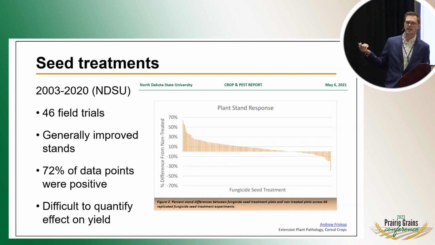Sometimes we did see some negative impacts, and presumably those are in super dry conditions or unfavorable environments. So 72% of those data points were positive, where we saw improved stands when comparing seed treatment to non-treated seed. But it was noted that it's difficult to have a corresponding yield. So yeah, you might have a better stand, but it doesn't always mean that you're going to have a better yield.